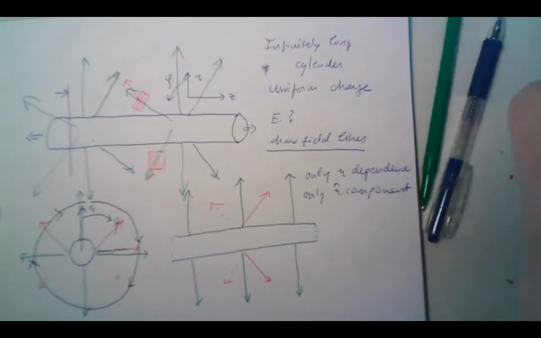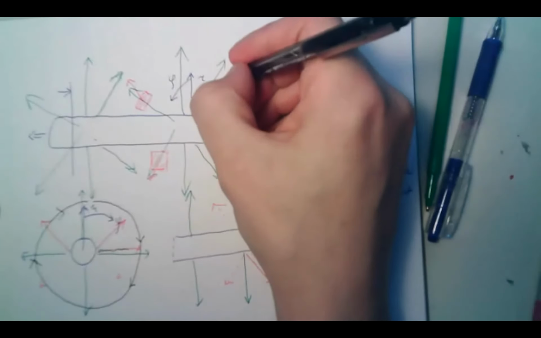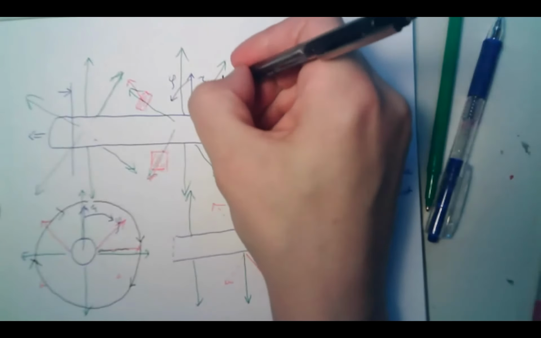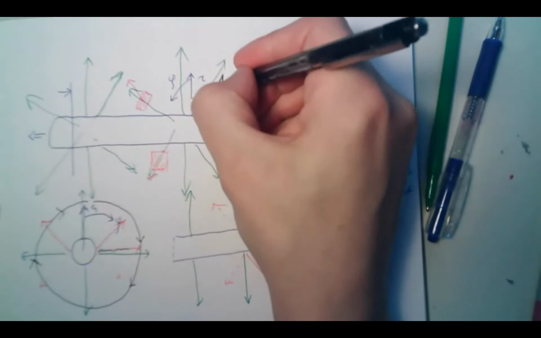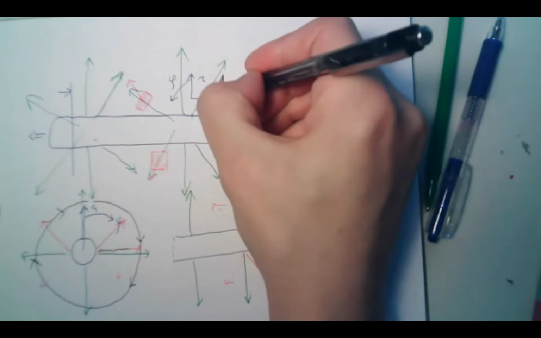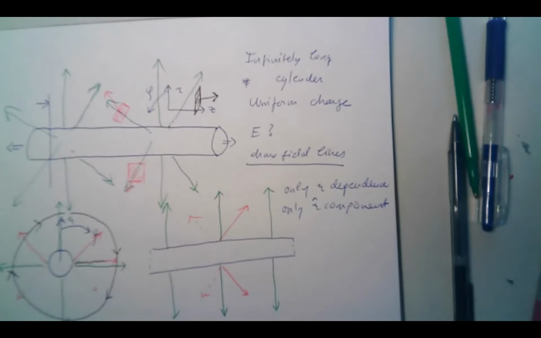That's one type of surface that we can use, so it rotates with it. And the other we can use is a patch that sits perpendicular to the field line, so the normal points in this direction. And these are the only two types of surface segments that we can use.